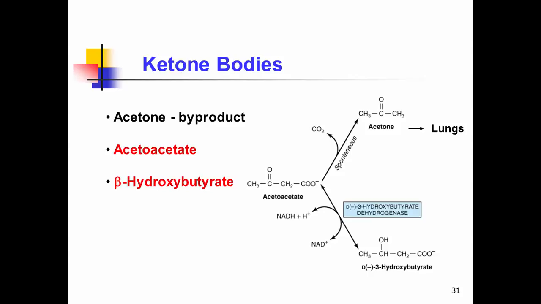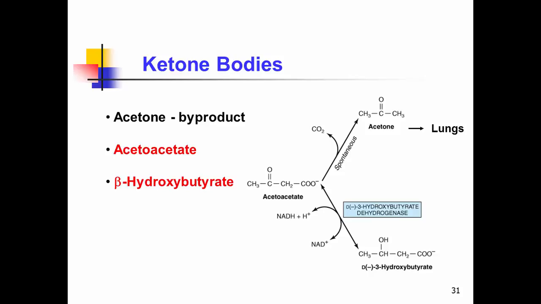Okay, so ketone bodies basically have three compounds: acetone, acetoacetate and beta-hydroxybutyrate. Acetone basically is the byproduct, which can form by spontaneous decomposition of acetoacetate.